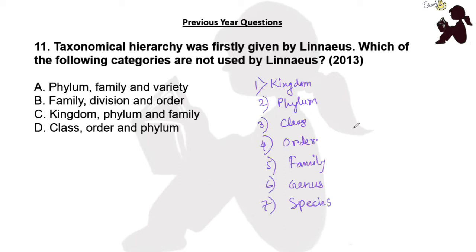Okay, so here the phylum was division for the plants. Okay, so here the option 1 is phylum, family, and variety. So variety is not included in the 7 system classification. Family, division, order, these 3 are included in the 7 system classification.